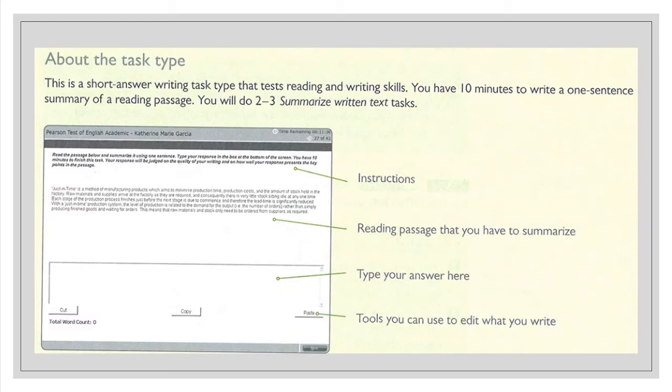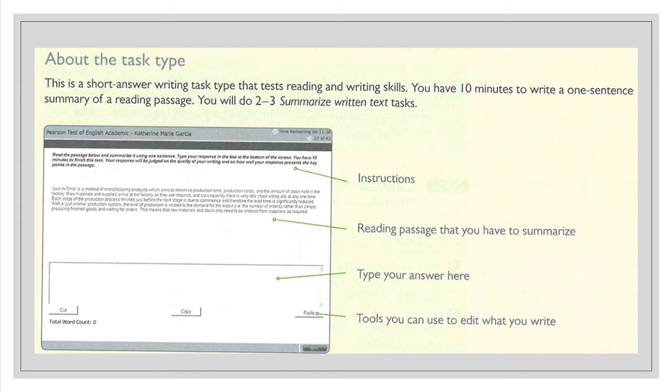This is how the question screen will look in the PTE examination. In the first part, you can see the instructions and the timer, showing how much time is remaining, in the top right corner. Then you will read the passage that you have to summarize. Sometimes it will be one paragraph or two paragraphs, a short passage.